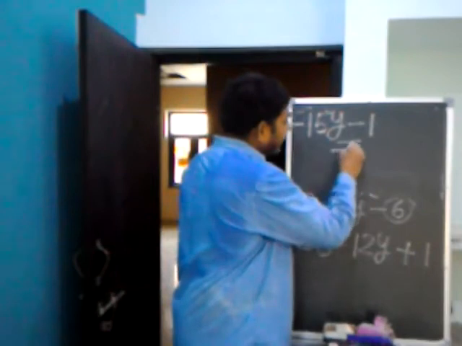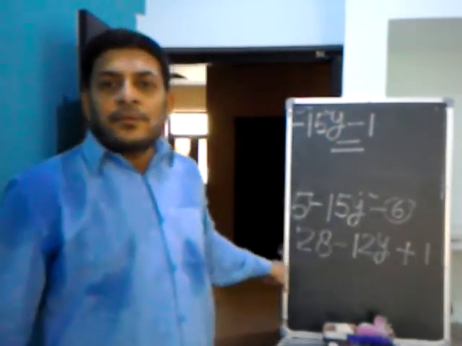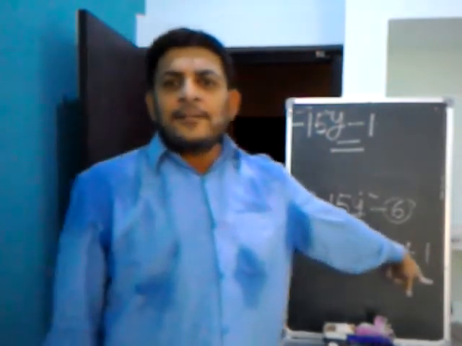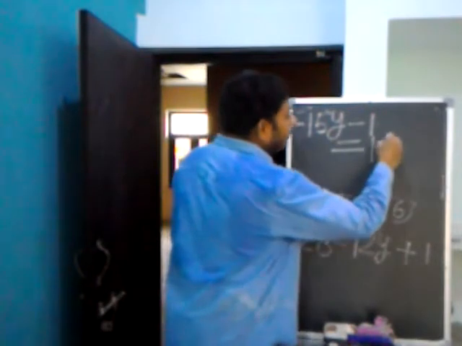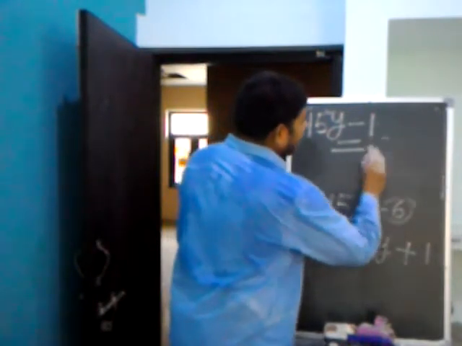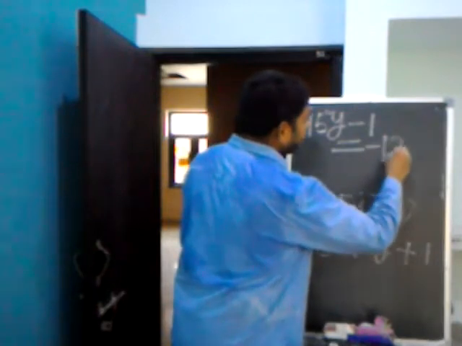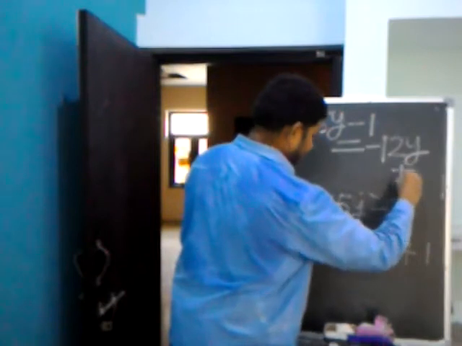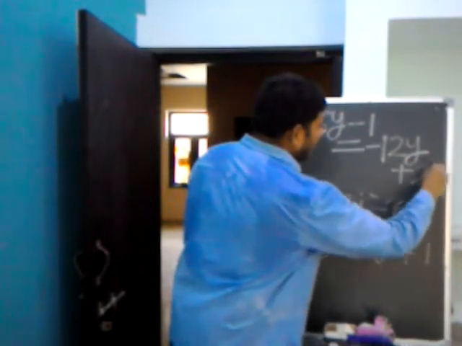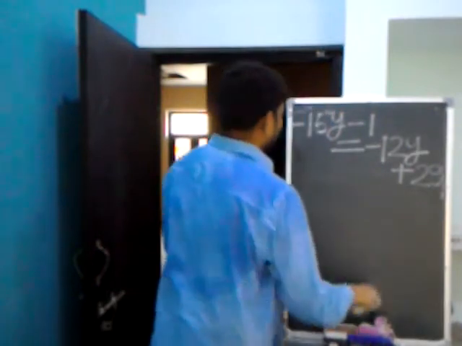And on the right side 28 and 1 both have the same positive sign, so it becomes 29. But 12y is negative, so minus 12y plus 29.